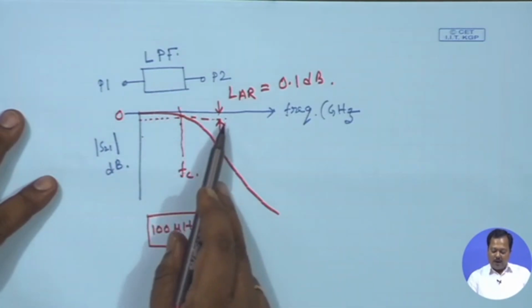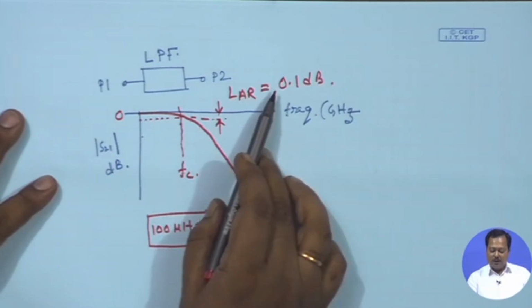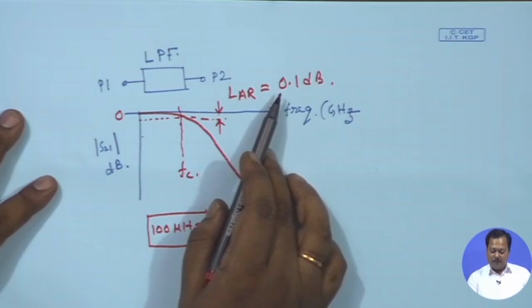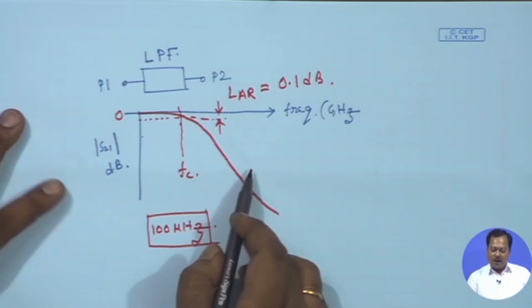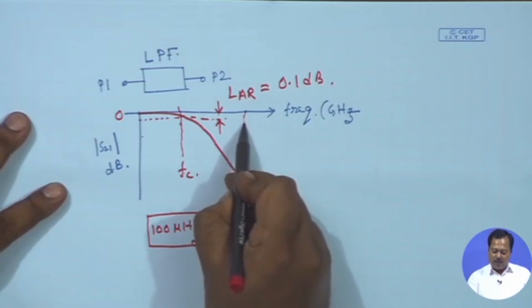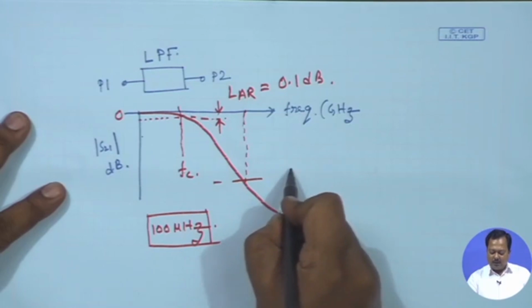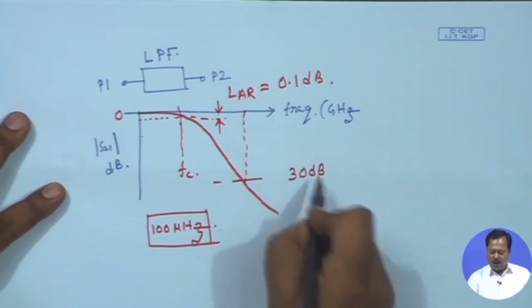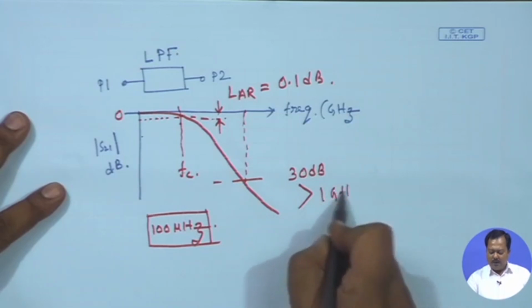So, when I define LAR for this cutoff frequency, it should be much lower. Now, to have some specified attenuation at some given frequency, you can define one more cutoff frequency. Let us say for this application we need at least 30 dB attenuation above FC equal to 1 gigahertz.